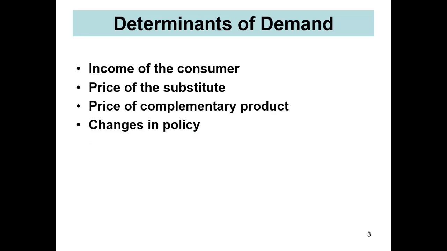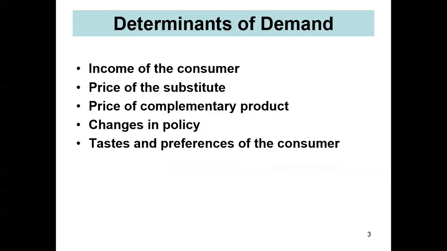See, in a similar way, changes in policy. Right. Changes in government policies will also affect the determinants of demand, and so do taste and preferences of the consumer. Demand for many goods depends on the person's tastes, habits, and preferences, because demand for several products depends on taste only.